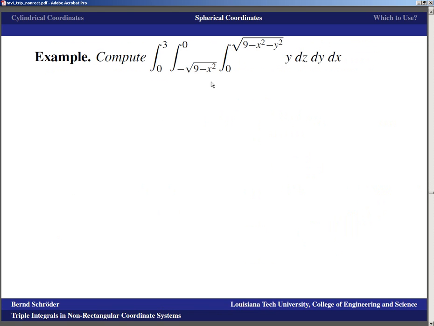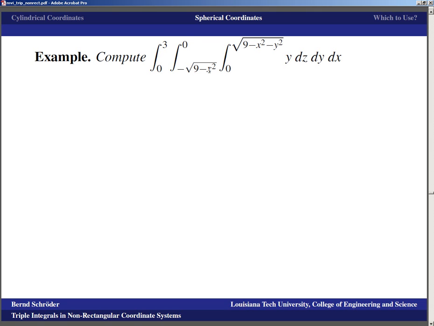Another example, if we have one of these iterated integrals that looks rather ugly in rectangular coordinates, well, that is one where changing the order of integration isn't going to help much. However, if we look at this, x goes from 0 to 3, and then y goes from -√(9 minus x squared) to 0.